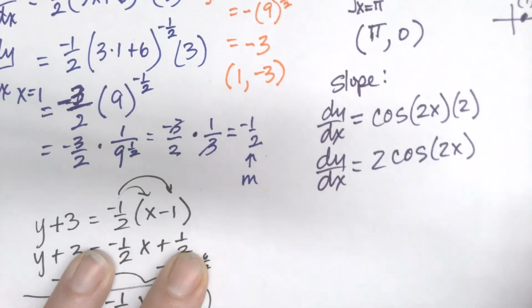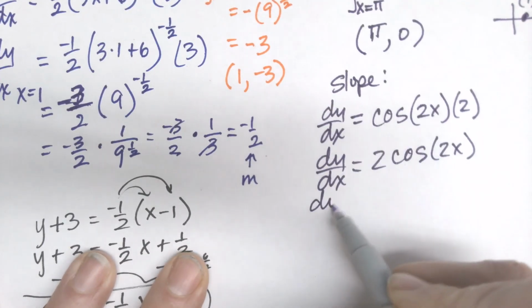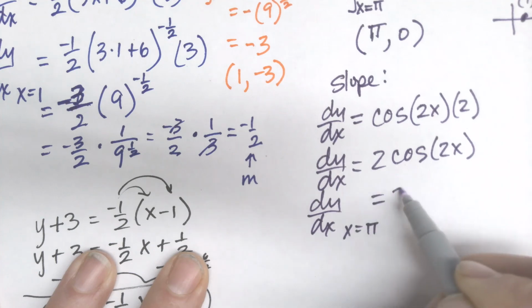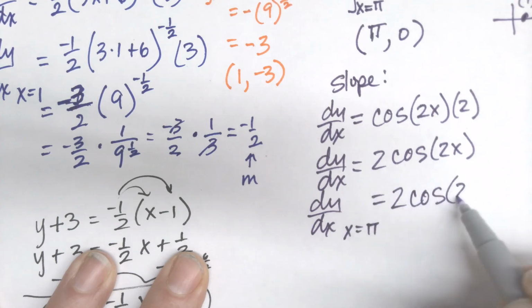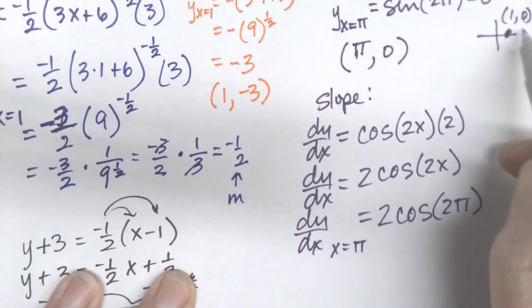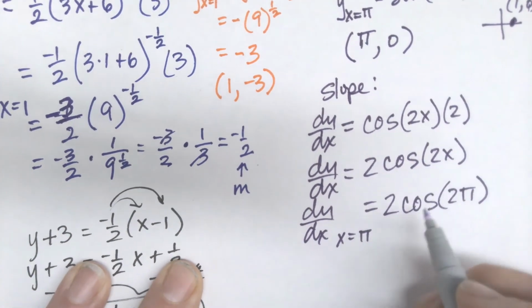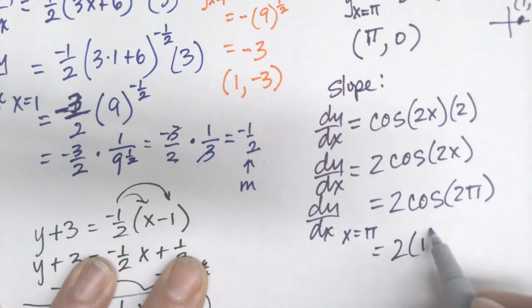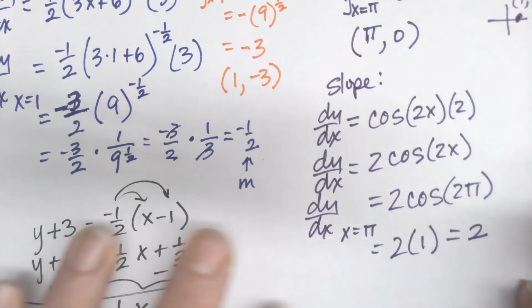I need to evaluate that at pi. dy dx when x is pi is 2 cosine 2 pi. Well, cosine is 1 from back here. Cosine is 1. So this is 2 times 1, or 2.